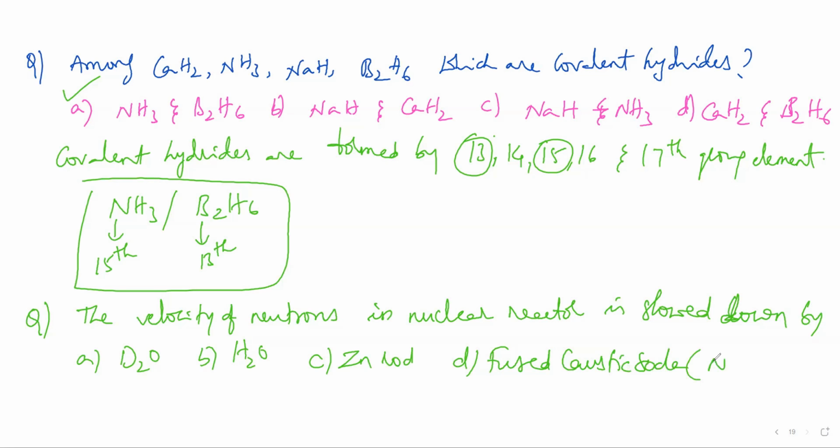Fused caustic soda means NaOH. Okay, so then which can reduce the speed of neutrons. So generally, heavy water is used as moderator in nuclear reactors. Right? So these are some important questions.